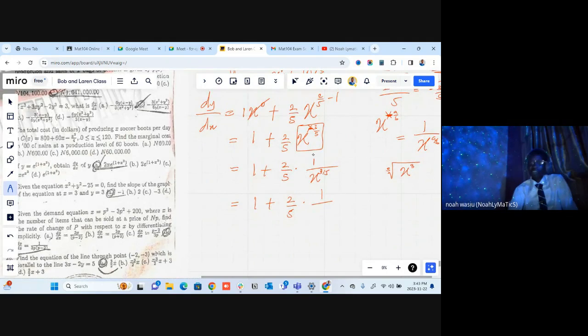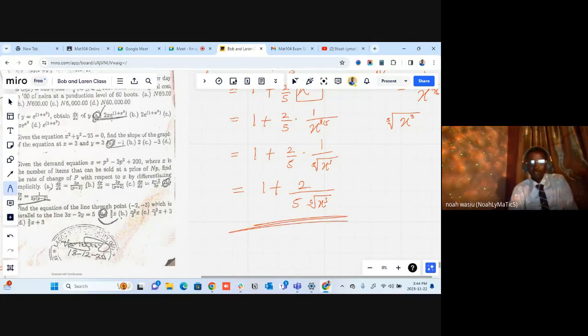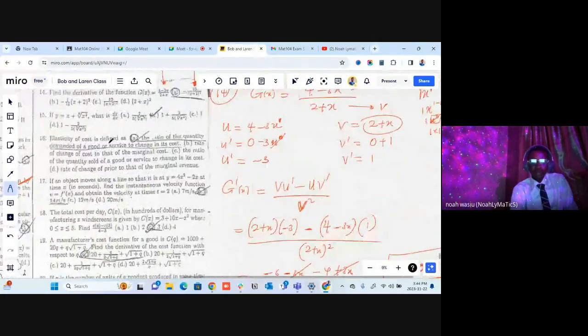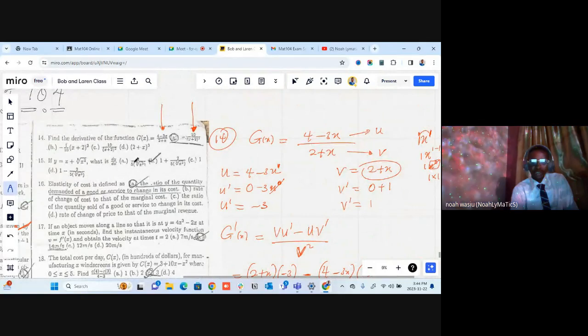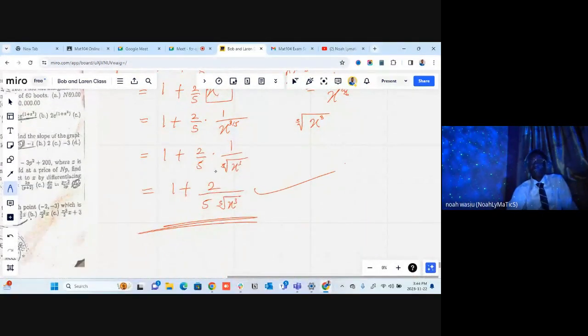Just like the way I have 3 over 5 here, if I take a step backward, I'll have the fifth root of x to the power of 3. This is what we have in the option. Let's check the options again. Can you see that? 1 plus 2 over 5 times the fifth root of x cubed. So option B is correct.